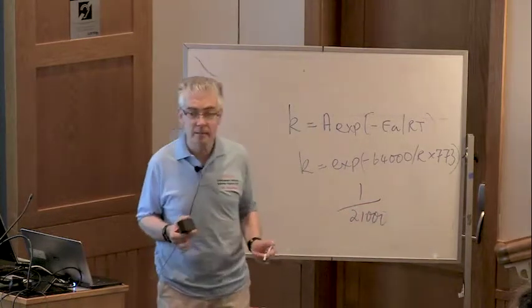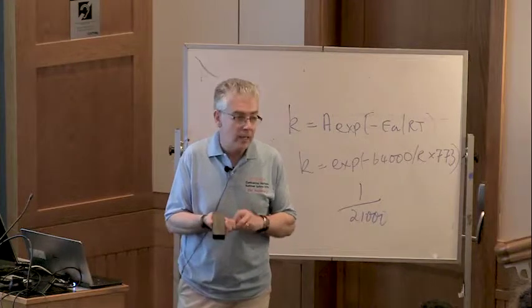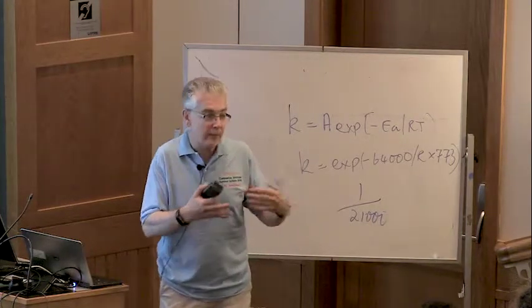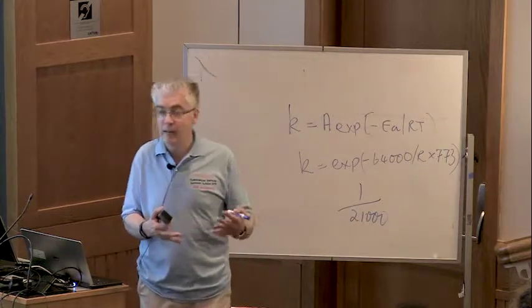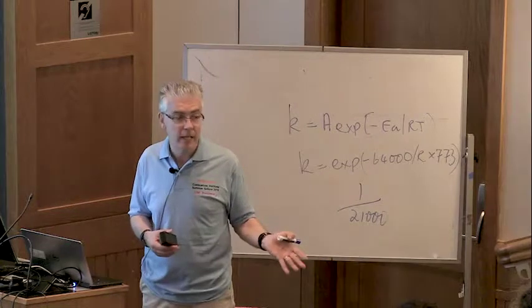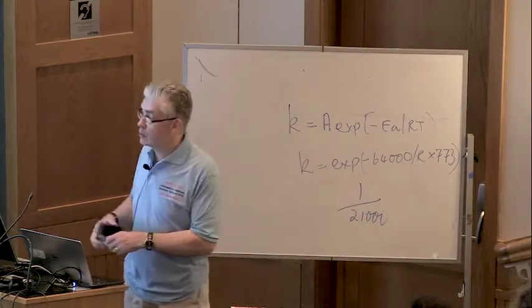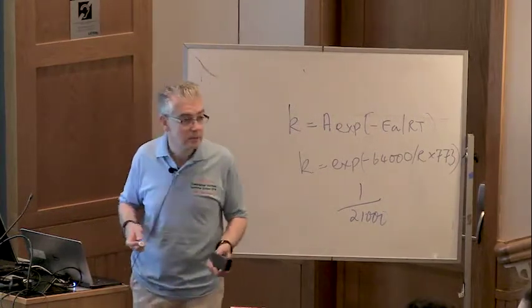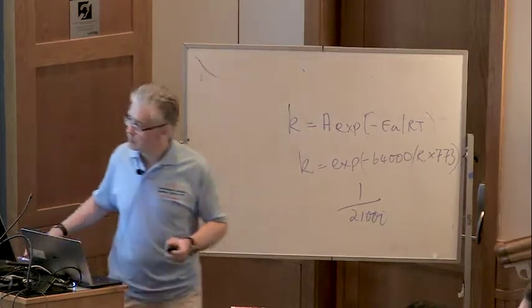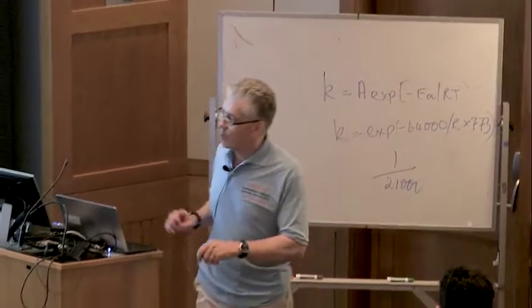Okay, something like that. Okay, so that's the effect of a decrease of an activation energy barrier of 64 kilojoules per mole at 773 Kelvin. Okay, it affects you by 21,000, either increase or decrease. Okay. So, but why don't you calculate that also?